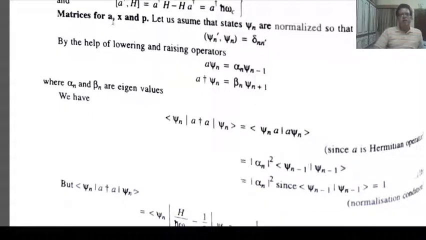Now, matrices for A, X and P. We convert them into matrix form. How eigenstates are represented in matrix form we will study in the next unit, but this is an important question for you in this unit, so I will also discuss it in continuity.